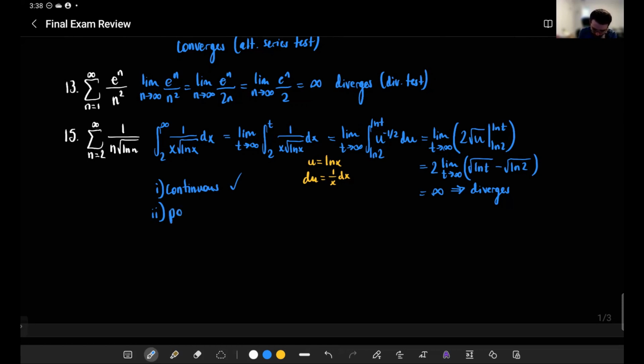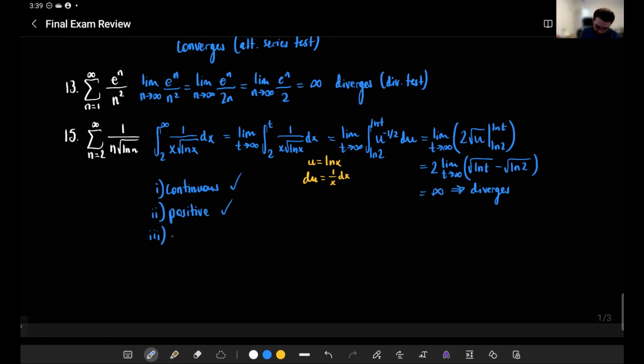The other one is positive. You have to have positive terms, but you do. N is positive, right? Because it starts at 2. Natural log of 2 is positive, and the square root of a positive number is positive. So that's fine. Positive is correct. The only time natural log could be negative is if n is less than 1. So that doesn't happen for us.